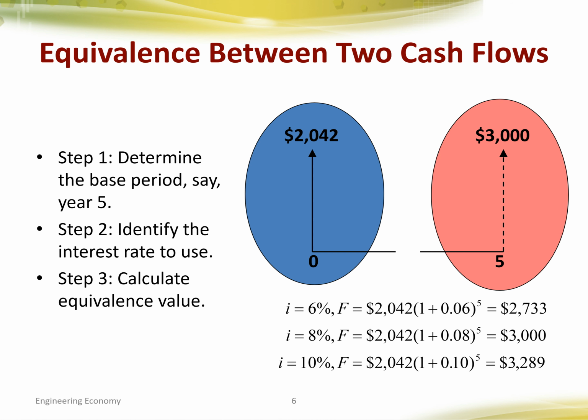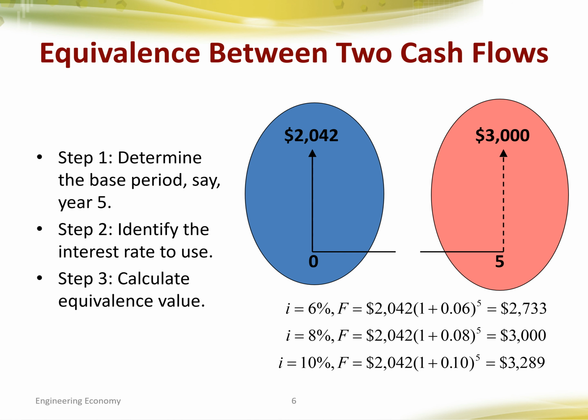But if the interest rate is only 6%, then 3,000 at the end of the 5th year is of greater value than 2,042 at the present time.